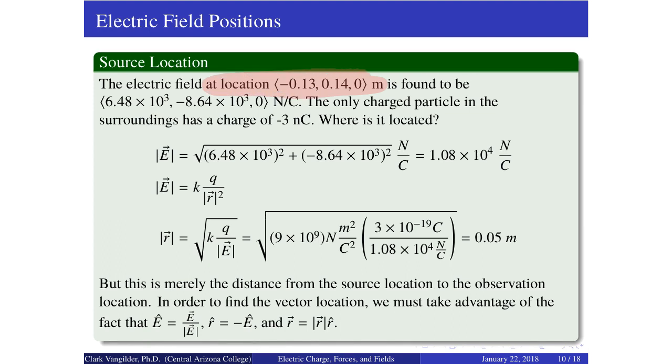This is technically just a 2D system because I have my X and my Y. So looking down at a piece of paper, go over to the left a little bit on the negative, and up about the same amount on the positive Y. There's some location offset from the origin right there in quadrant 2. The electric field at that location has an X and a Y component, non-zero.